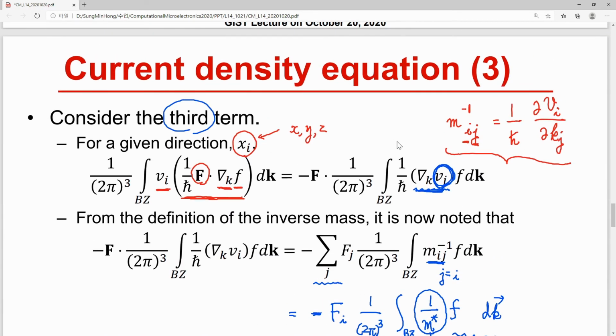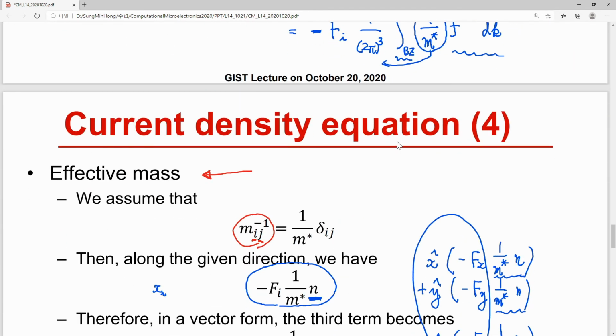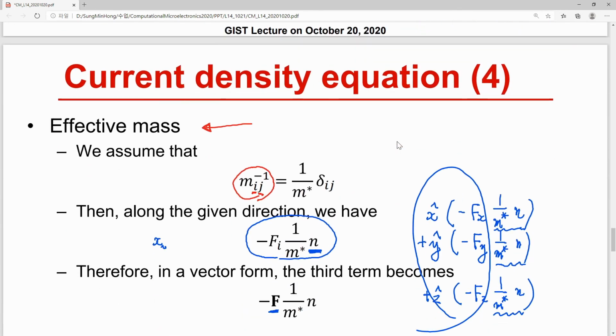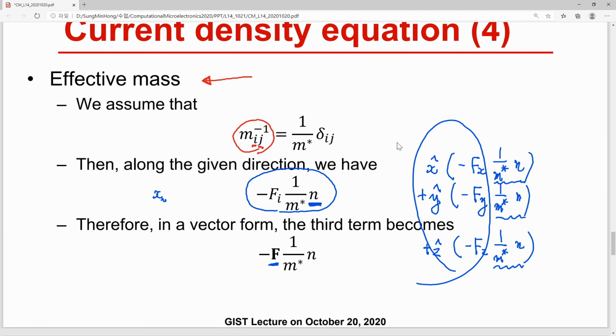If we introduce a certain approximation for our band structure, the effective mass approximation, then we can say this third term is greatly simplified to minus electric force times 1 over m star times n.